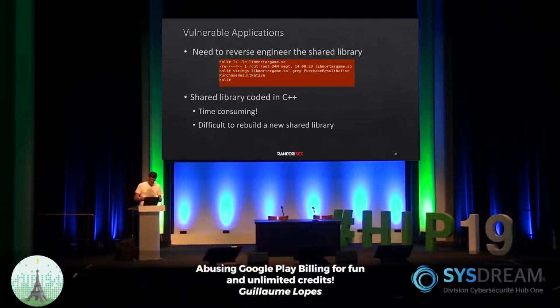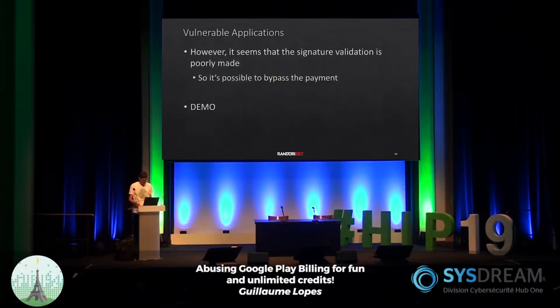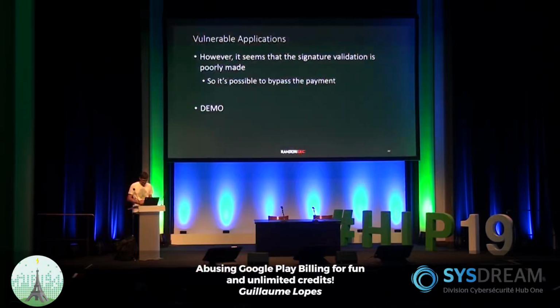I tried. I failed because it was time consuming, and as I said, I'm not really skilled at reverse engineering. But at some point I said, okay, let's try it and see if it works. And finally, it appears that I don't know what they are doing in the shared library, but the signature validation is poorly made, and so you can also bypass the payment.